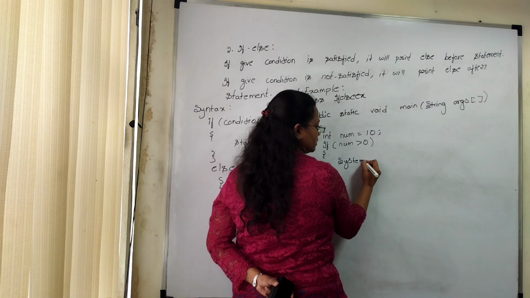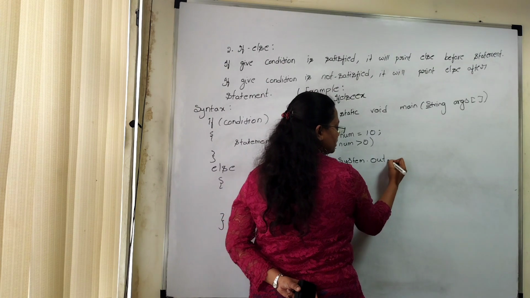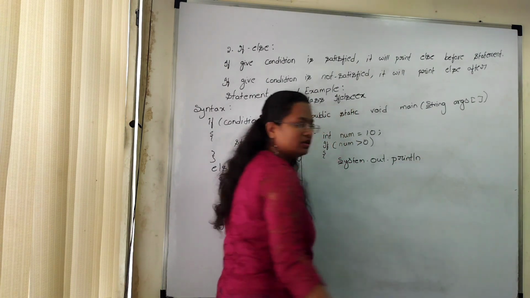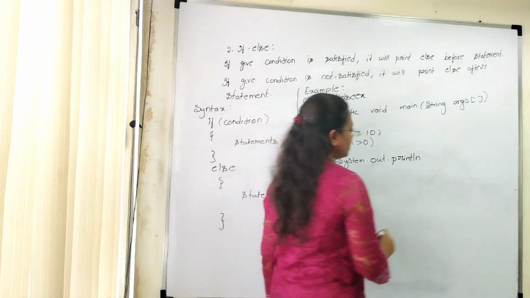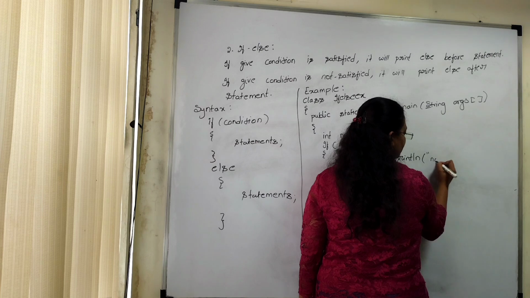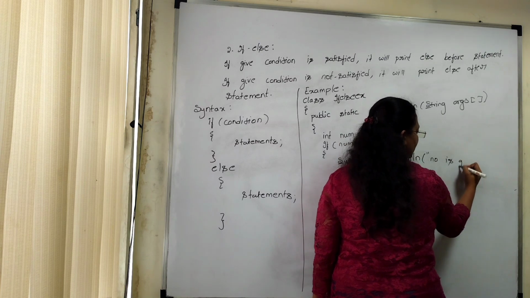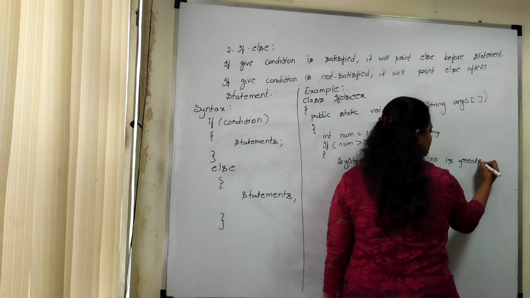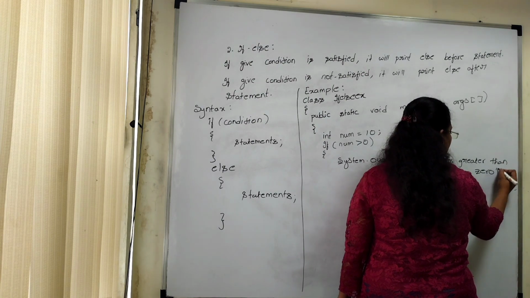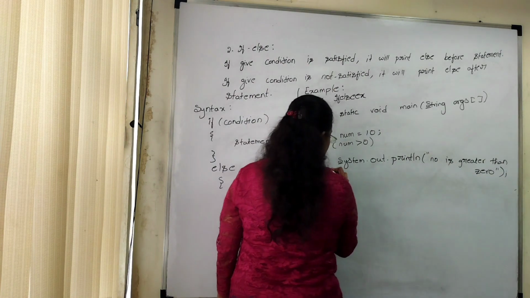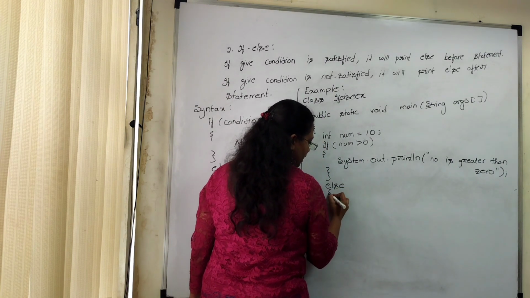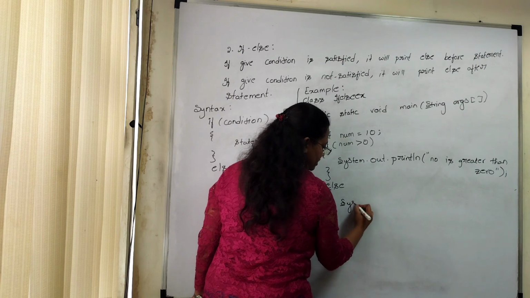System.out.println of, we need to take here "number is greater than 0", okay.